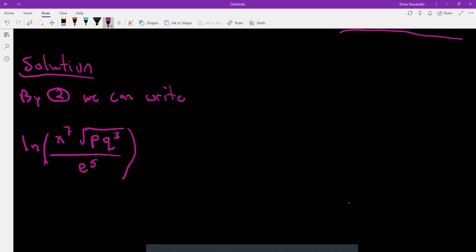So I can write this as the natural log of the top part, x to the 7, and then the square root pq to the 3rd. All right, so that's the top part, then minus the bottom part.